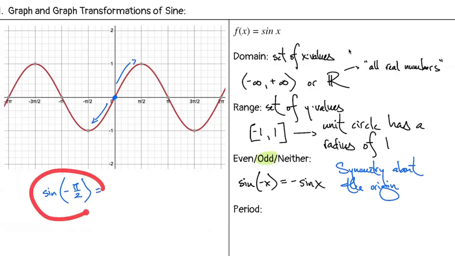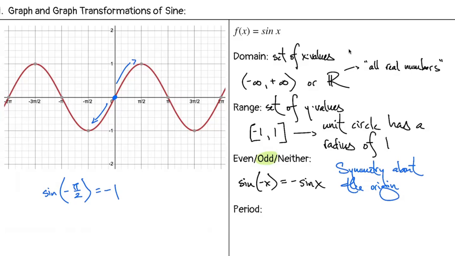Let's make sure we read that question carefully. Sine of negative pi over 2. Okay. Yeah, so sine of negative pi over 2, since this is a graph of sine, I'm going to go to negative pi over 2, and I'm going to find the y value there. That's -1. All right, so what we're looking at is a different representation of sine.